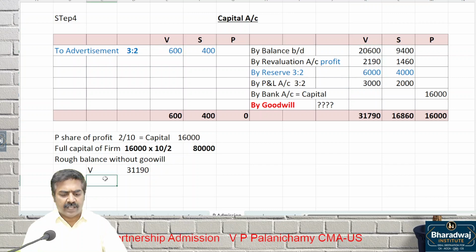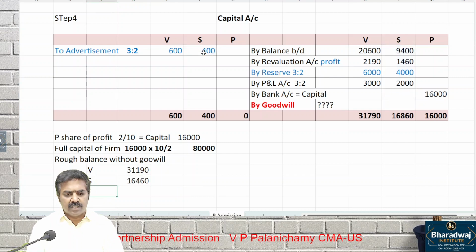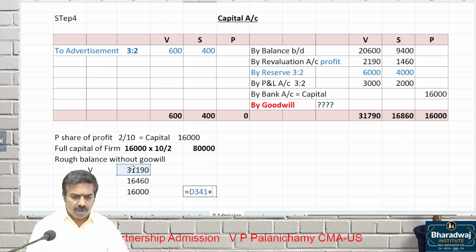Debit side amount, B's capital will come. S's capital similarly. Add up all the credit side amounts minus debit side amount, how much? 16,460. What is P's balance? 16,000. This is without goodwill. This is the amount: 31,190, 16,460 and 16,000.